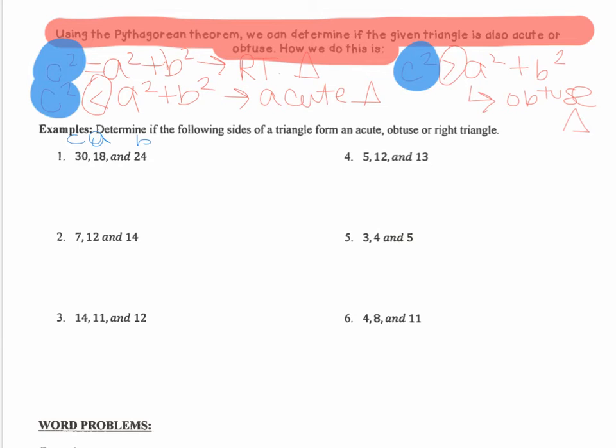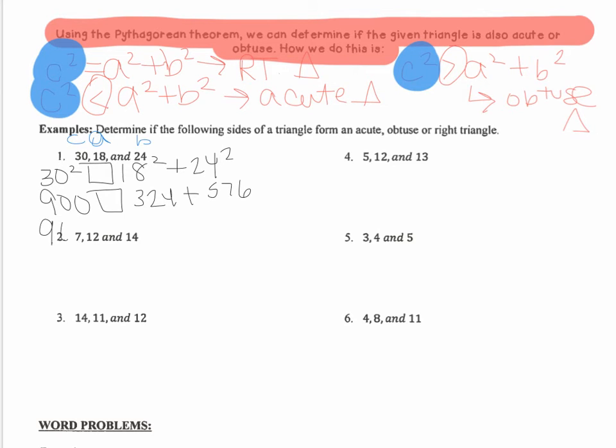So I'm going to set this up, and I'm going to say 30 squared, and I'm just going to draw a box, and then I'm going to do 18 squared plus 24 squared. So 30 squared is 900, my box. And then I'm going to do 18 squared, 324, plus 24 squared, 576.